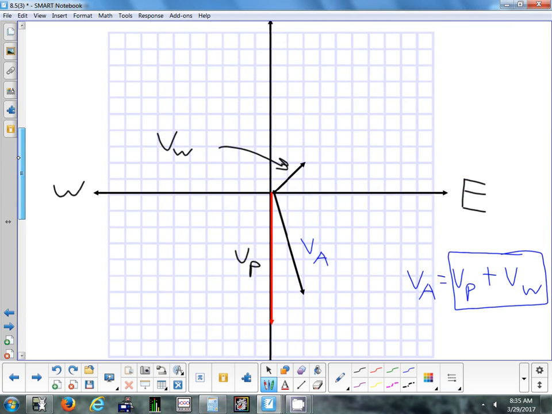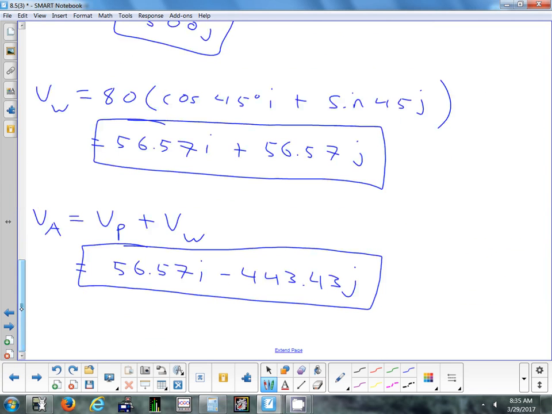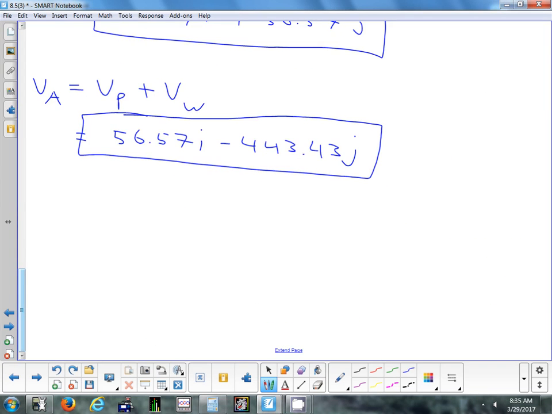We could find, let's do the speed of the plane. The ground speed. So if somebody was on the ground and had a radar gun, this is how fast the plane would be flying. So the speed is basically the what of this vector? Yeah, it's the magnitude.